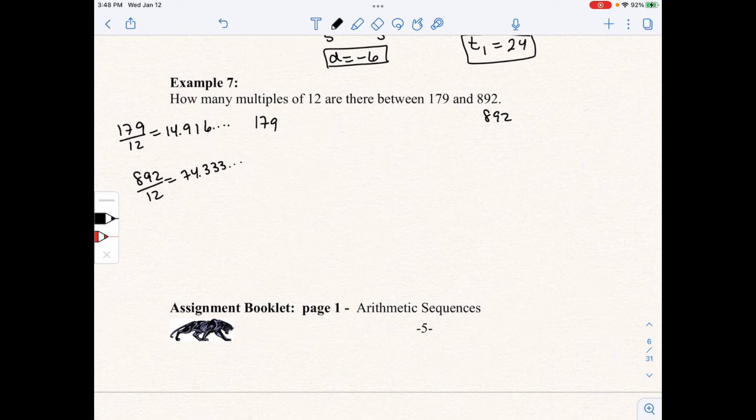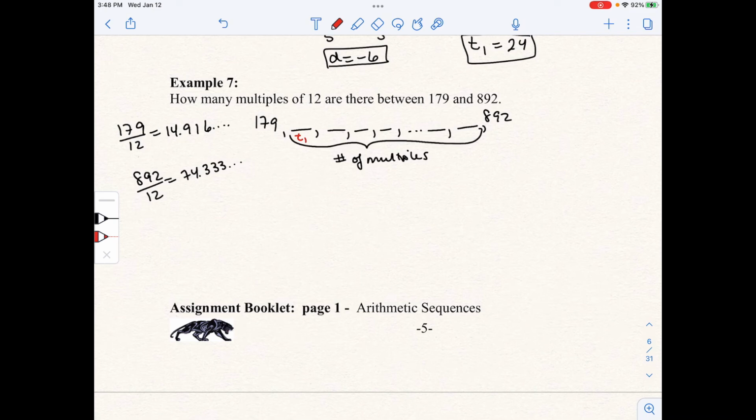So our first term, all of the multiples of 12 in between, right? We're going to look for those number of multiples. Okay, there's a whole bunch of them. And it looks like the smallest multiple of 12, I'm going to call this term 1.